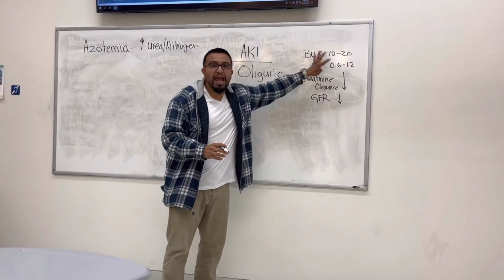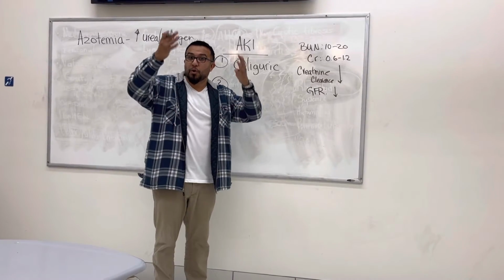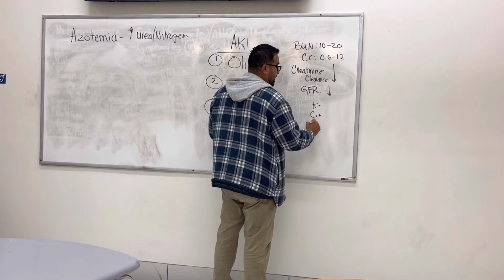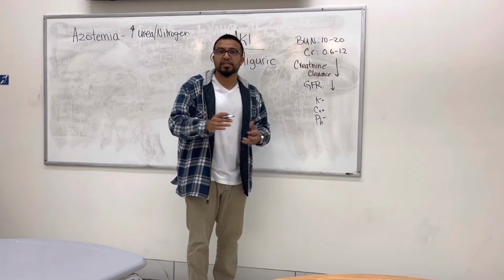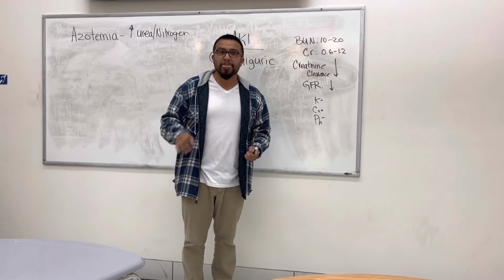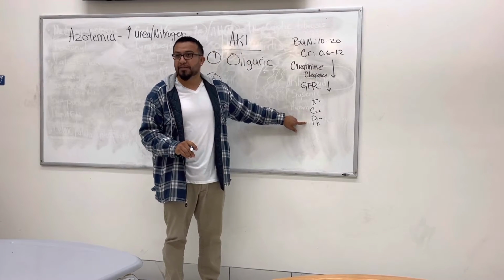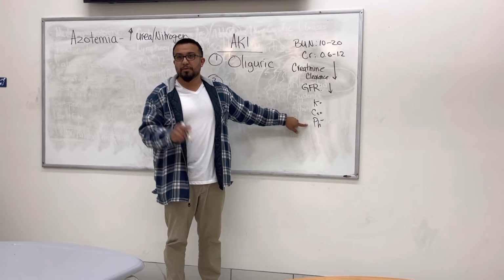So this is what's happening. Oh, also your electrolytes. All of your electrolytes are going up. You should know that your potassium, your calcium, your phosphorus, all of the electrolytes your kidneys cannot excrete. But there's a relationship between calcium and phosphorus. We talked about that, you remember, right?